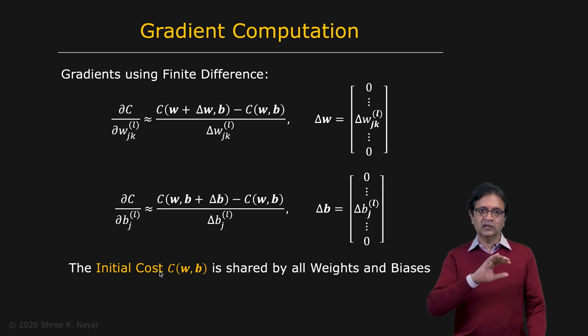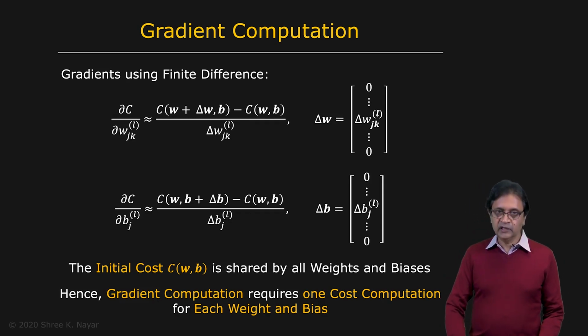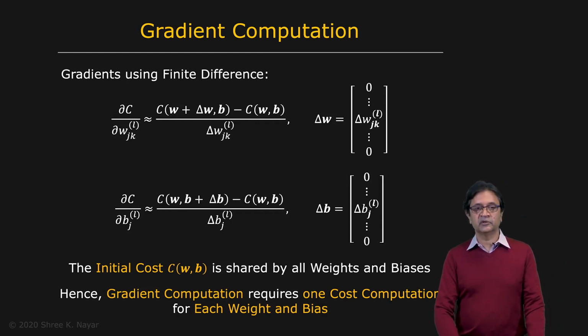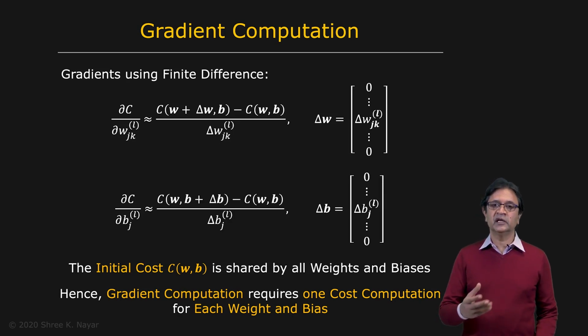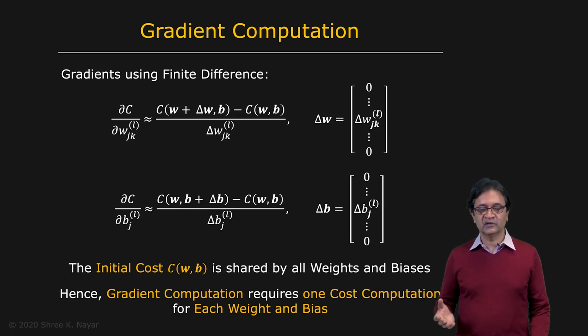You compute the cost of the network as it stands right now, C(W, b), and that's reused in all of these finite differences. But unfortunately for us, for each weight and bias, you've got to repeat this process. So the number of gradient computations that you do using finite differences here is equal to the number of parameters that you have. And that can be enormous.